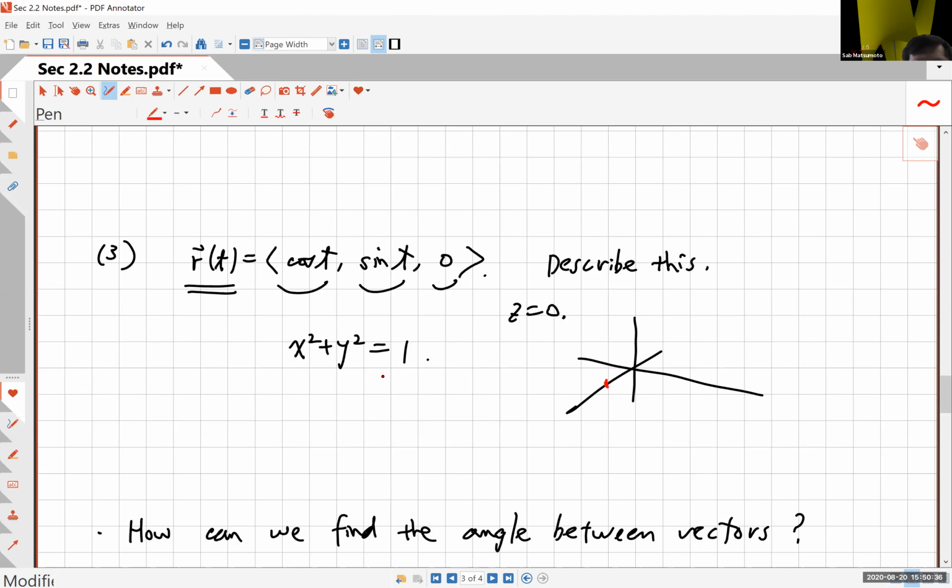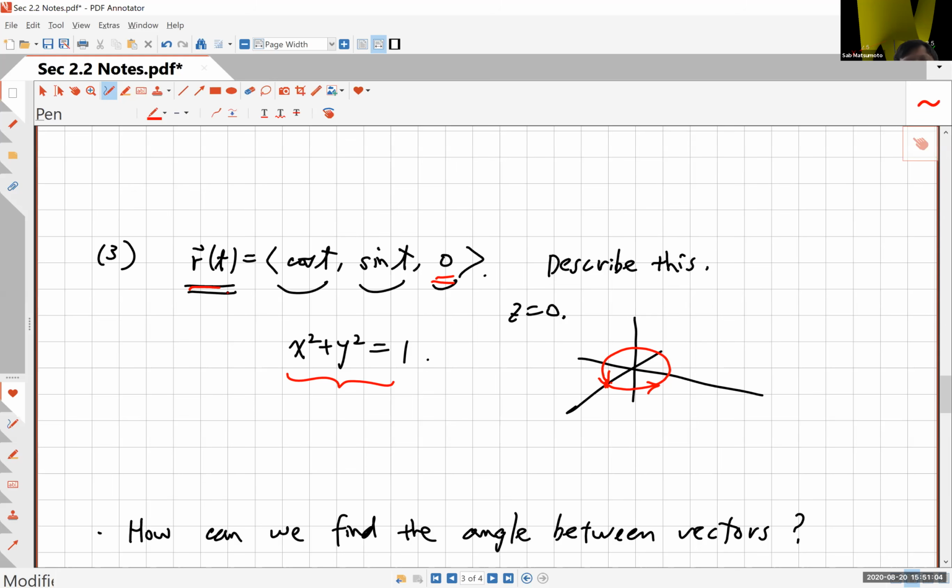And the fact that this is satisfied means that every point of this function is going to be on the circle. So that z is always 0 because of the third component. And as t moves from 0 to infinity, for instance, it'll just be going around and around and around. Okay, so that's a way to understand what is called a vector valued function.